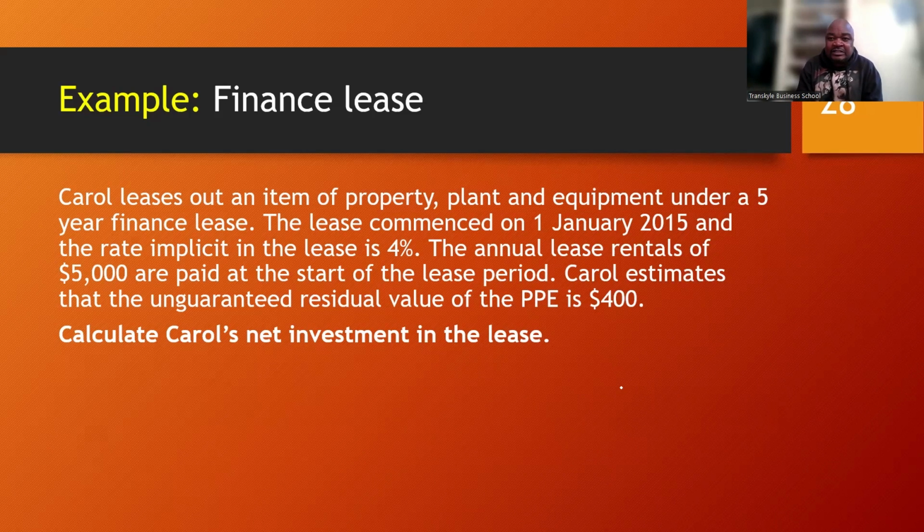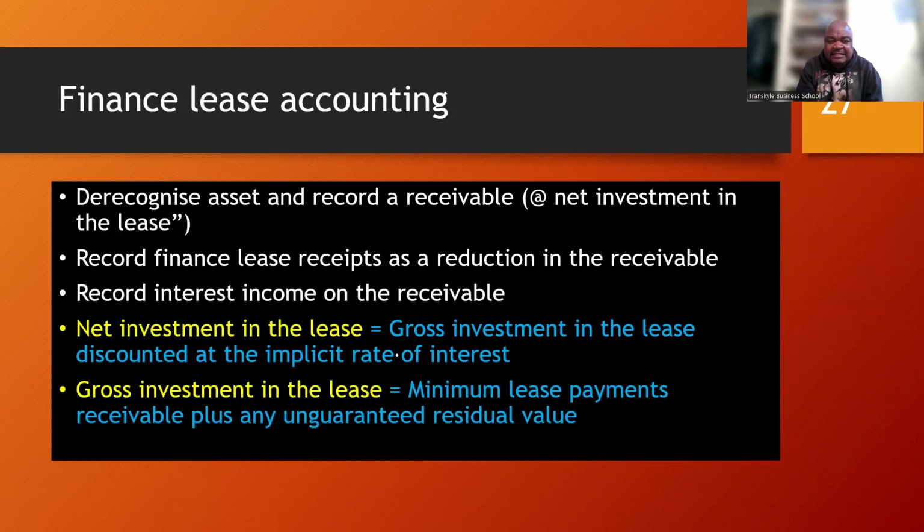So we need to ask ourselves, what is the net investment? By definition, what is it? It is the gross investment in the lease discounted at the implicit rate of interest. All right. So gross investment is the minimum lease payments receivable plus any unguaranteed residual value.